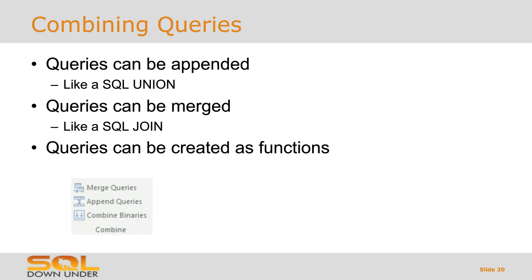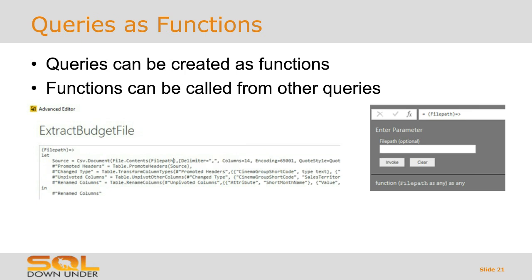So sort of like a SQL union. I can also join them, merge them like a join, and as we saw, you can treat them like a function instead. So the query is a function. Once you do that, it's parameterizing the values. It's getting easier and easier to create these all the time, but I wanted to show you that using M.